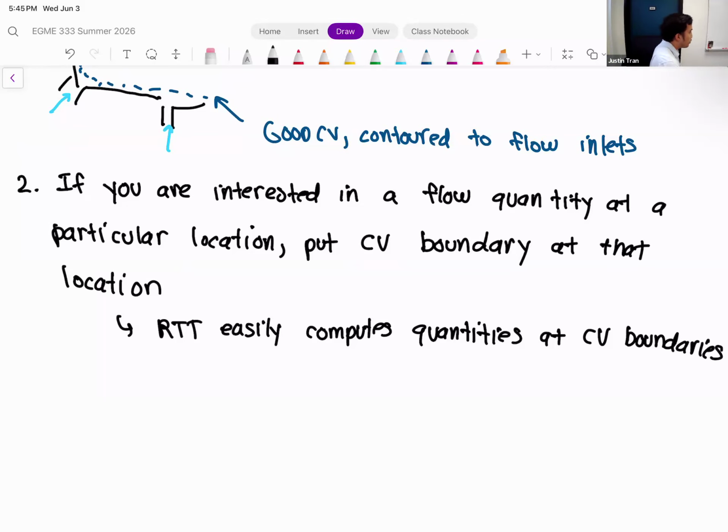The reason is that when we apply Reynolds transport theorem to our flow quantities, you'll see that most of the time we're computing things at the boundaries of our control volumes.